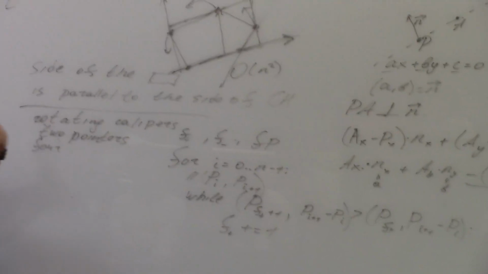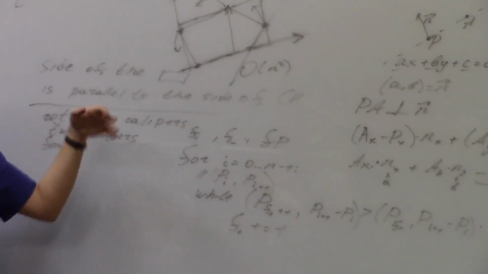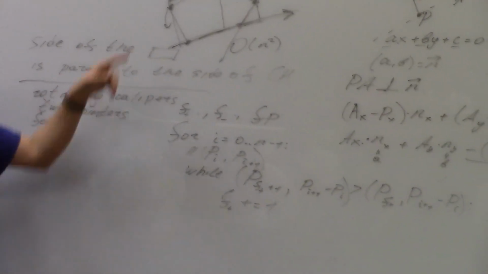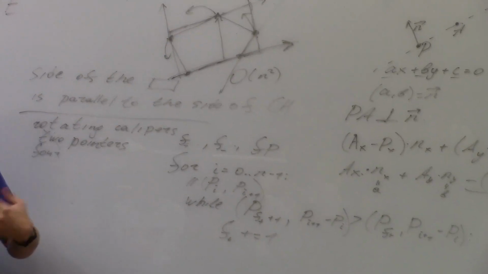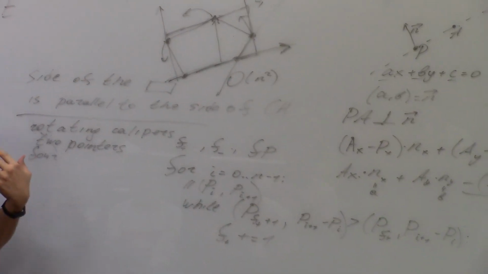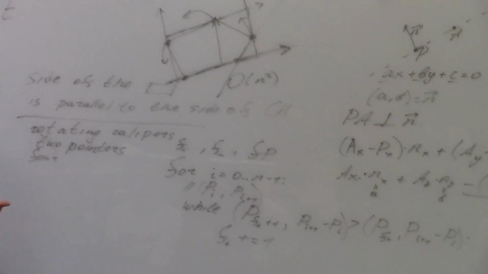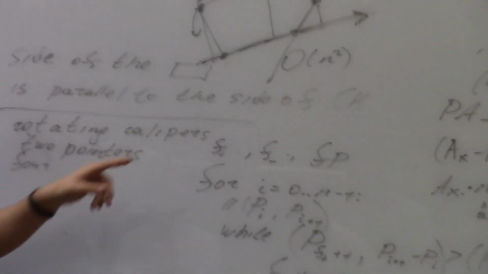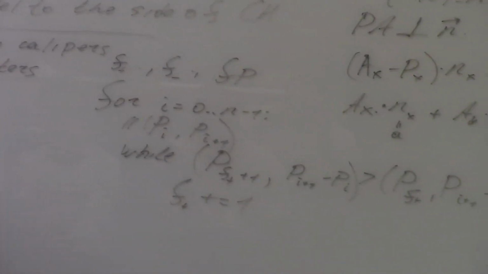So we can just use this while loop. While the next point is better than the current one, we increase the pointer. So we do this with the perpendicular, but instead of scalar product, we use the vector product.